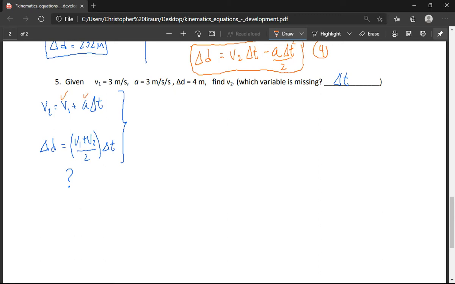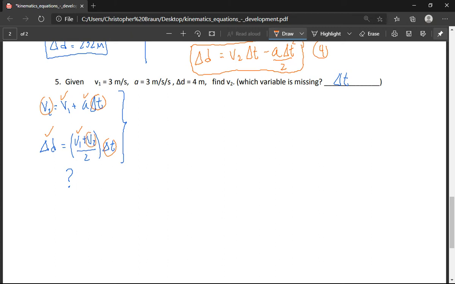I don't know v2 and I don't know time. Then here you're like, well, I know displacement, I know v1, but I don't know time or v2, and you're like, what do I do? And so you realize that there's two unknowns.